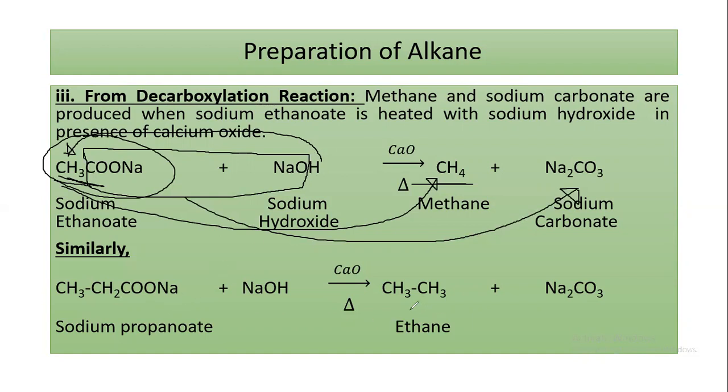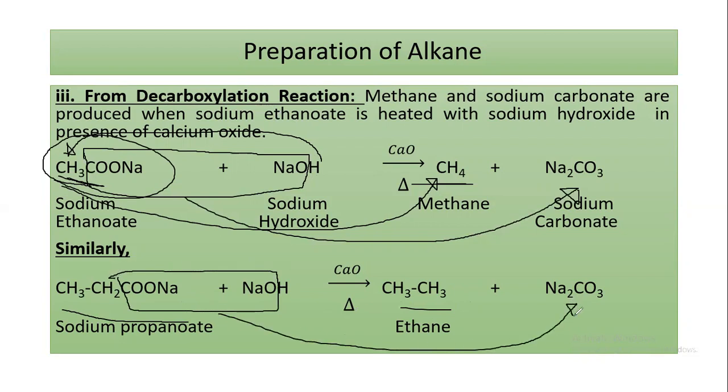Similarly, ethane is prepared from sodium propanoate. Here, 3 carbon atoms are present, and in the product side, 2 carbon atoms are present. And this part is removed and produces this compound, that is sodium carbonate.